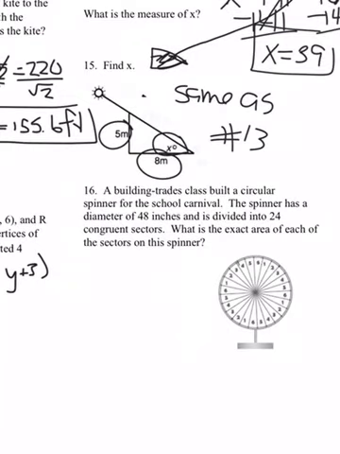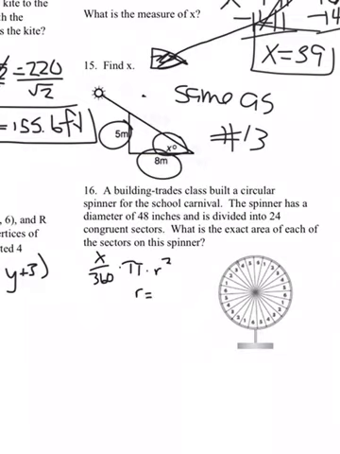A building trades class built a circular spinner for the school carnival. The spinner has a diameter of 48 inches and is divided into 24 congruent sectors. What is the exact area of each of the sectors of the spinner? So the formula you're going to use is x over 360 times pi times r squared.